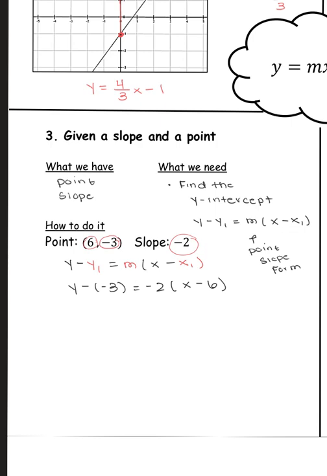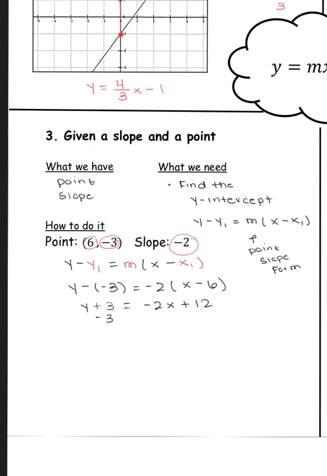So now we're just going to simplify. I have y minus a -3, so that gives me y plus 3 is equal to, now I have to use the distributive property. I have -2 times x, which gives me -2x, and I have -2 times the -6, which gives me +12. Remember, in slope-intercept form, I want to solve for y, so I want y on the side by itself.